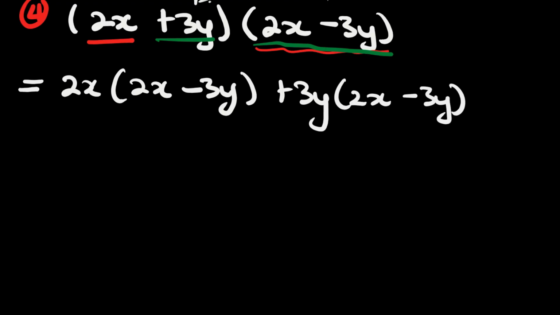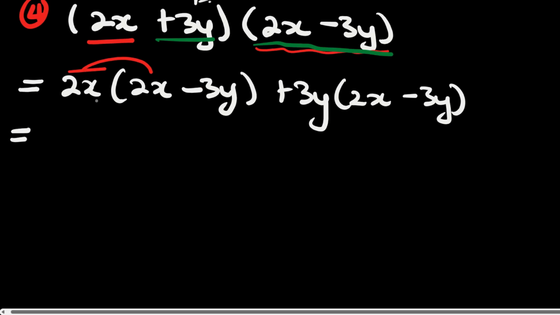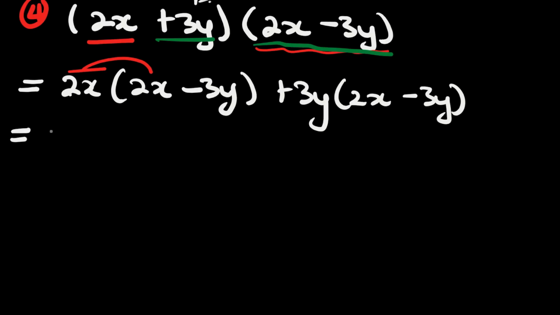Then from here you can start simplifying by distributing the 2x, multiplying the 2x here, and the 2x still multiplies the negative 3y there. So what we get is 2x multiply 2x. So it's 2 times 2, it's 4, and x multiplied by x, it's x squared.